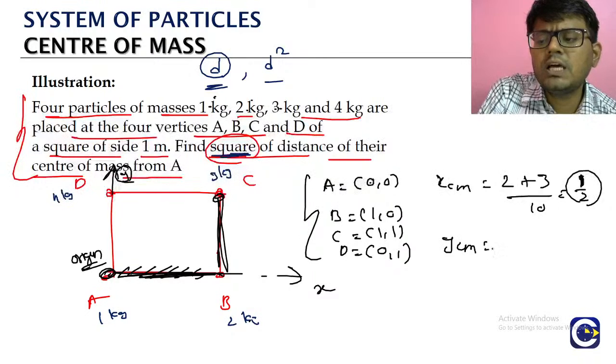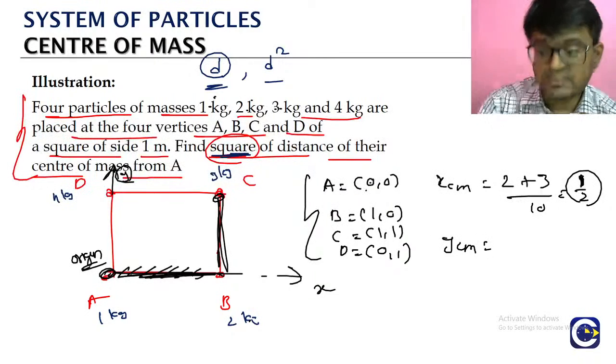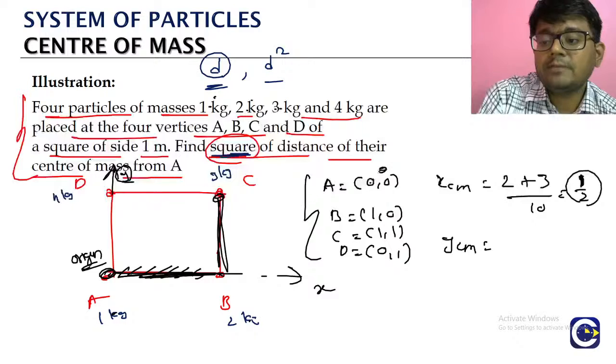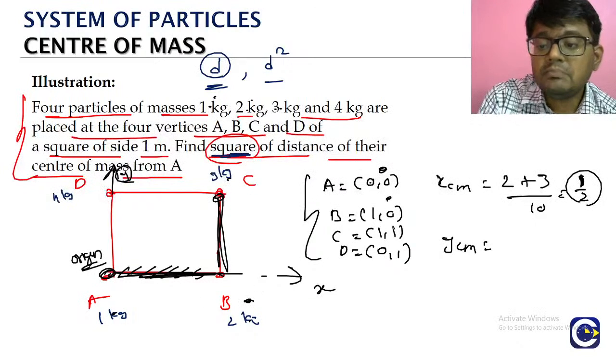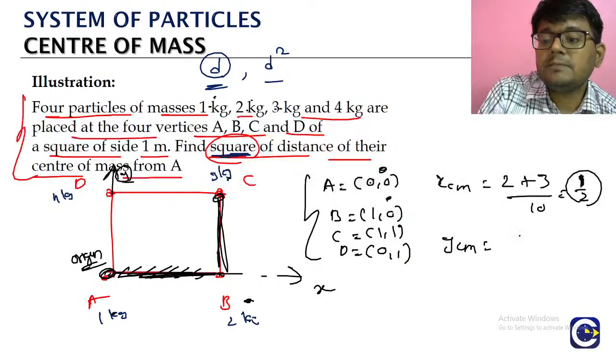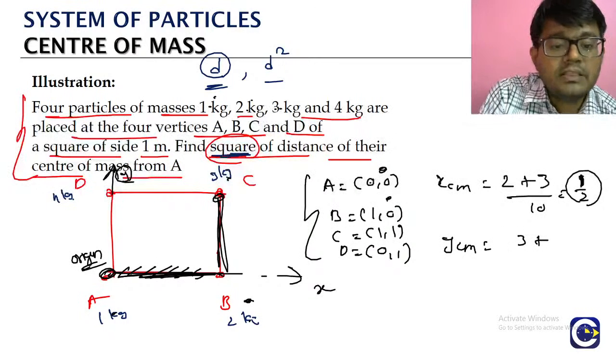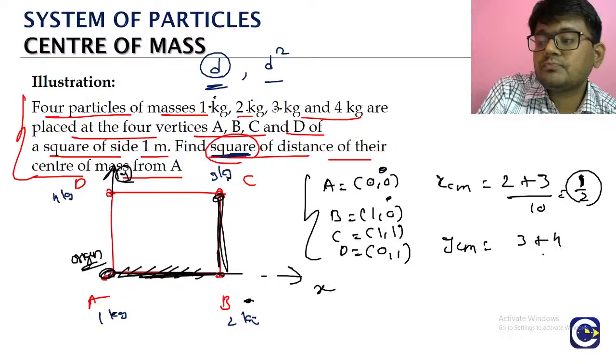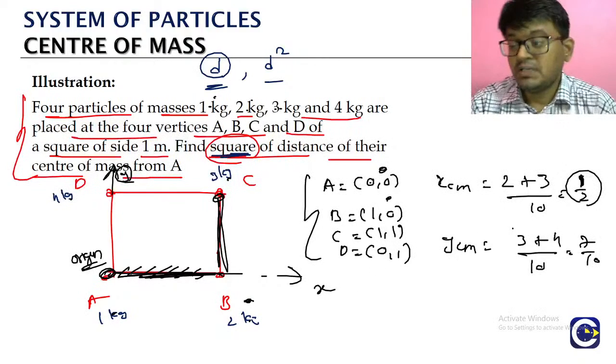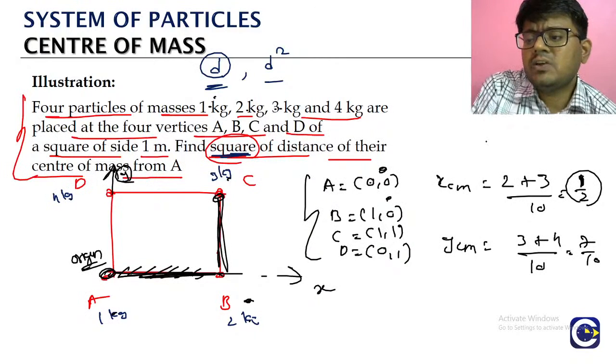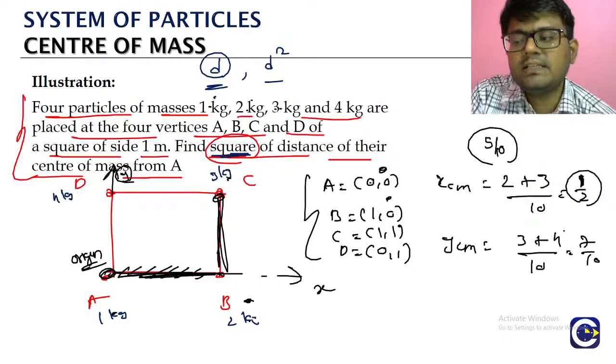What about the center of mass y coordinate? Same concept. m1 y1 is 0, m2 y2 that is also 0, m3 y3 means 3, then m4 y4 is 4. This is 7 by 10. We can also keep the x coordinate as 5 by 10. That is 5 by 10, and this is 7 by 10.